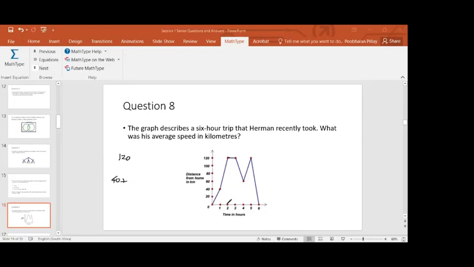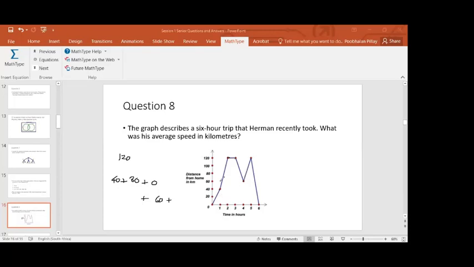In the second hour, he's traveled from 40 to 120, so he's traveled 80 kilometers. In the third hour, he traveled nothing because he didn't move at all. But in the fourth hour, he traveled from 120 to 60.